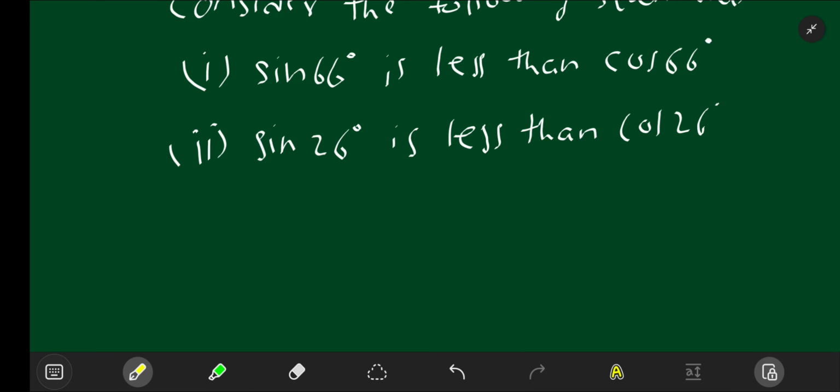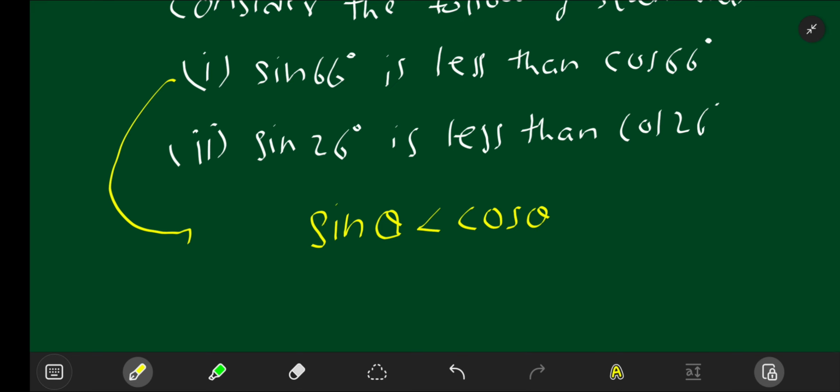First, let's go with the first statement. What they are saying is sin theta is less than cos theta for 66 degrees. 66 degrees is after 45 degrees only, no?